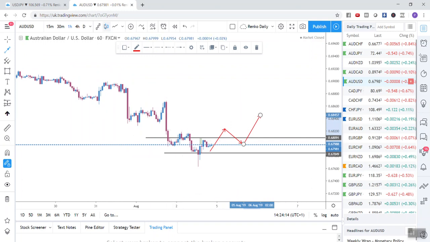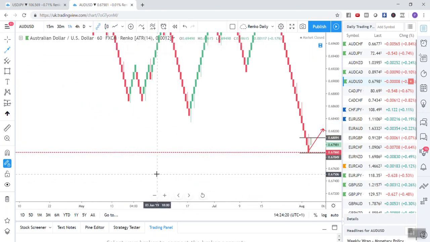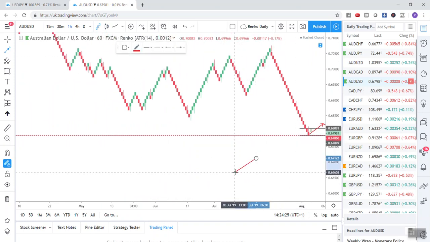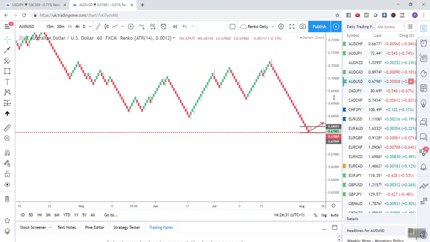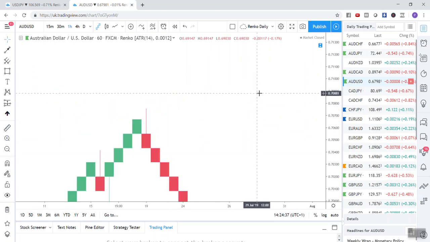You can literally trade using Renkos, waiting for your swing lows and your swing highs. I'll give you one more example. Swing high, green, green, red.